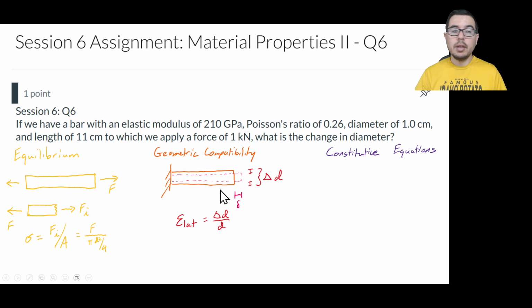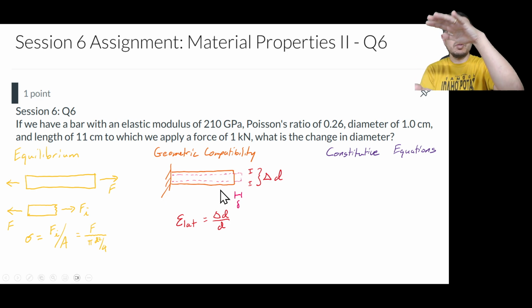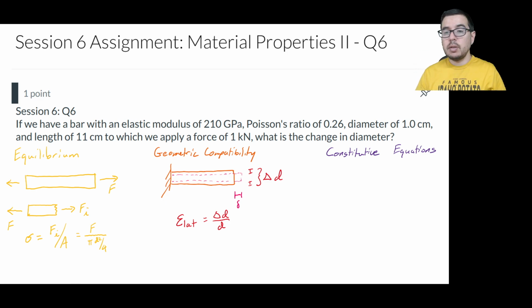Longitudinal would be along the bar, and latitudinal is orthogonal to it. So the latitudinal strain is the change in the diameter over an initial diameter d, which was given as 1 centimeter in this question.